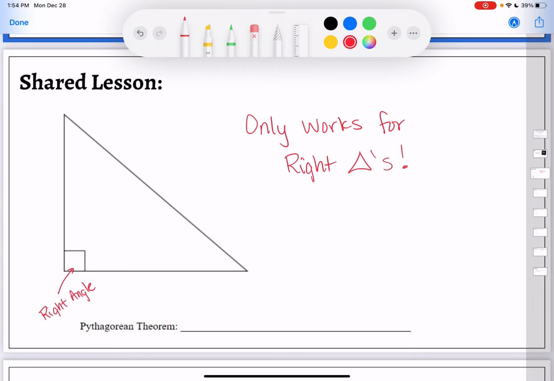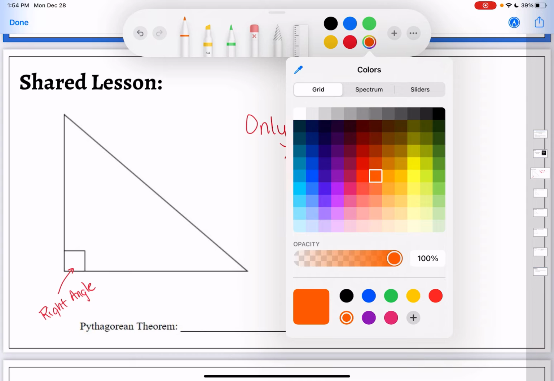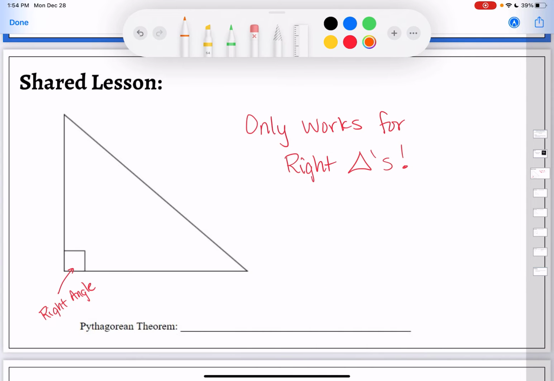Now, when we have a right triangle, we have some vocabulary that goes along with it. Hopefully, the first bit of vocabulary you already know, and that is what the side across from the right angle is called. The side across from the right angle is called the hypotenuse. That hypotenuse is always across from the right angle, but it's also always the longest side.